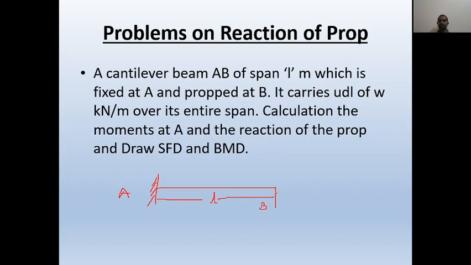So at the end, let us say this has a prop at B. It carries a UDL over its entire span. This is a symbol generally used for UDL, or we also use a rectangular kind of loading. This is a UDL of some small w kilonewton per meter.